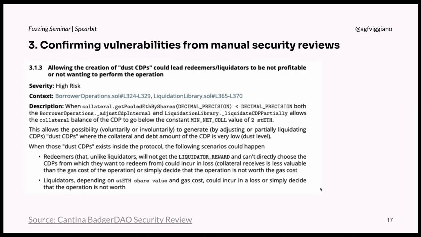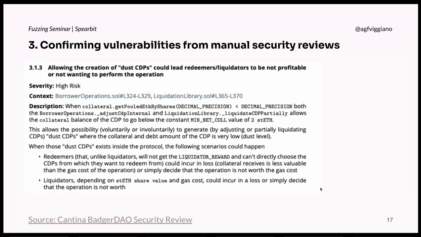And so this is the second one. This one was from a Cantina audit, which is another high risk issue related to opening dust CDPs, dust positions. These dust positions are positions that have a very small collateral value. That's bad because, depending on the position, it may not be profitable for liquidators to liquidate these positions, and they can just stay in the system forever, as bad debt.